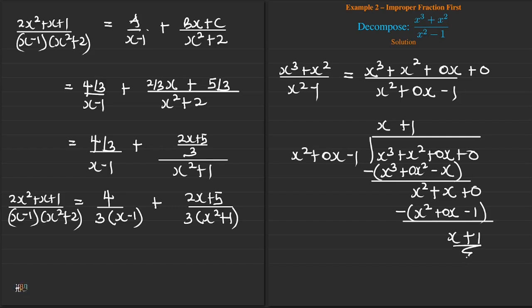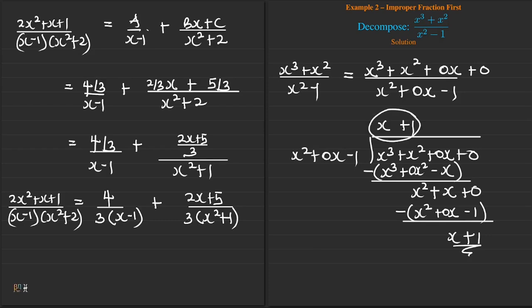Anytime you are doing a long division, you'd always want to ask yourself before each step, is the degree of what you have here equal to or greater than this? If it is equal to or greater than, you can continue. But if it is less than, there is no need continuing. Hence, after this long division, what we have is what?